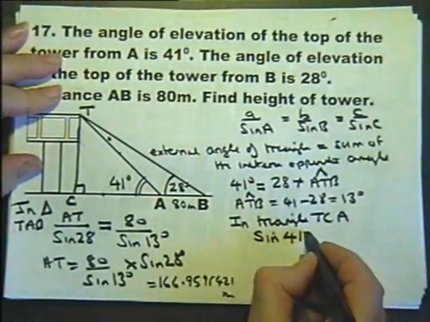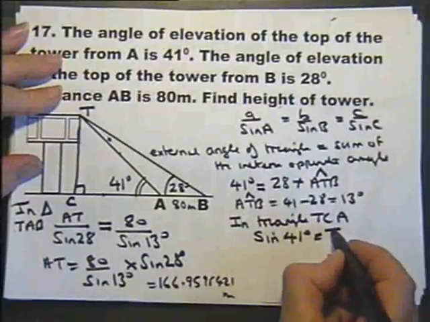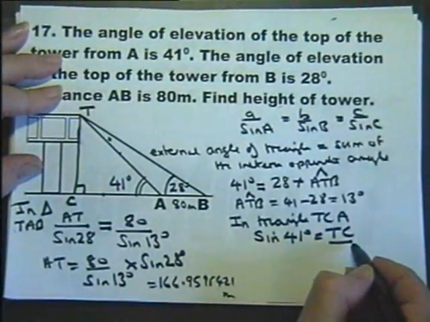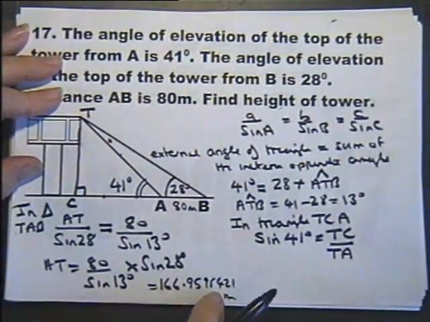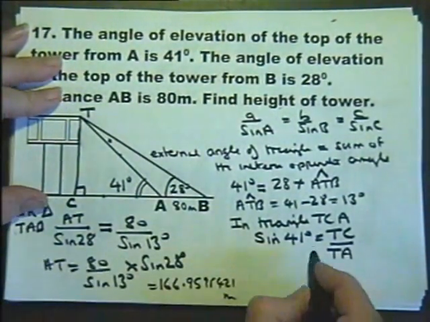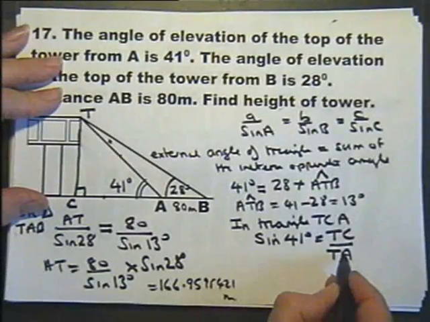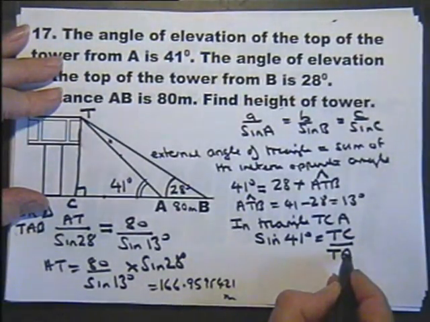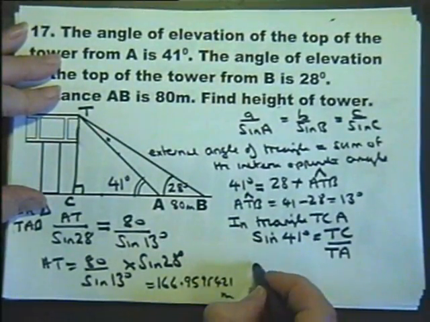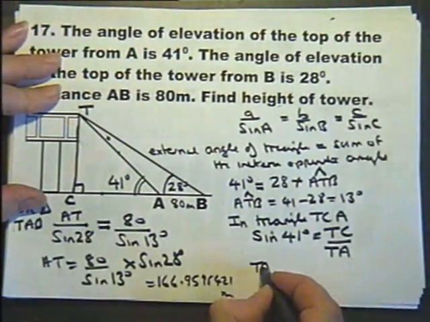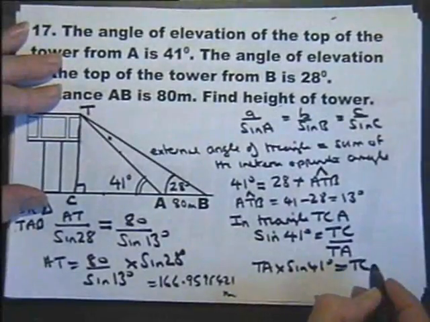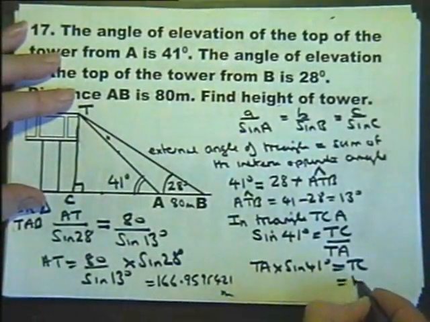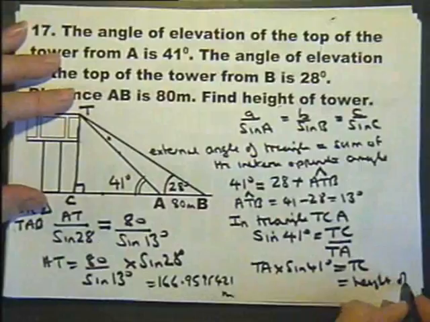So sine of 41 equals the opposite over the hypotenuse, which is what I've got here. AT, TA, same thing. So therefore, multiplying both sides by TA, I get that TA, or AT, multiplied by the sine of 41 equals TC, which is actually the height of the tower.